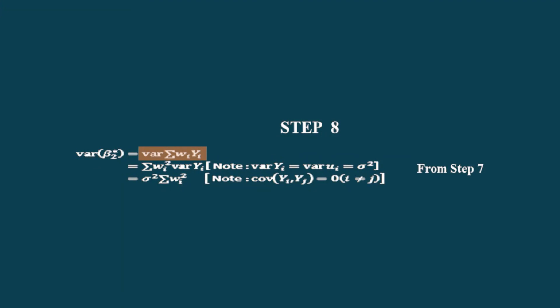After that, we are left with the expression sigma square summation of wi square. Whenever I write sigma square summation of wi square, I am decomposing the expression of wi so that it takes the form of a plus b whole square, so that we can get a square plus b square as separate components, and the 2ab component boils down to 0 because the error terms are not correlated with each other.